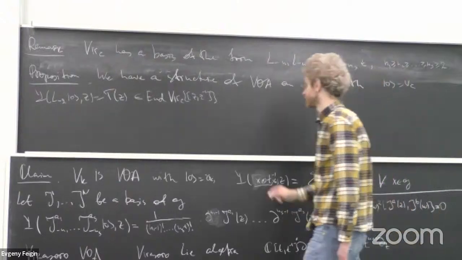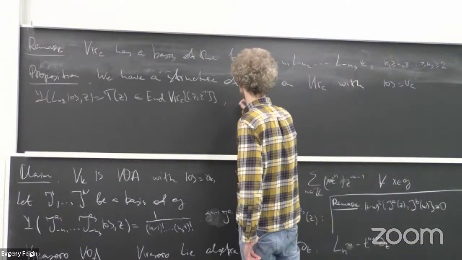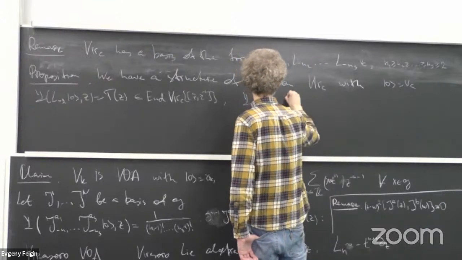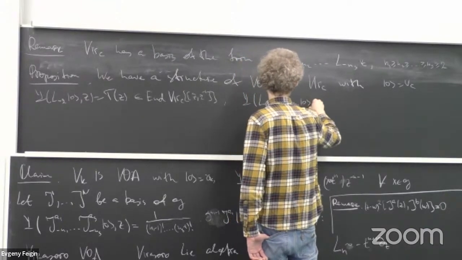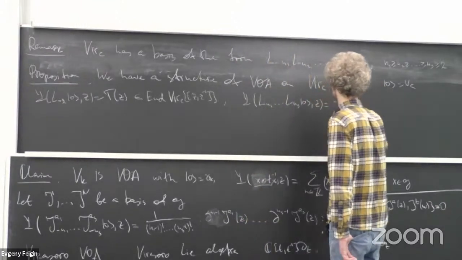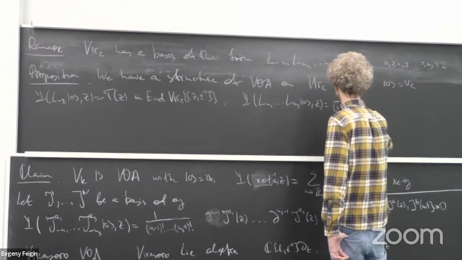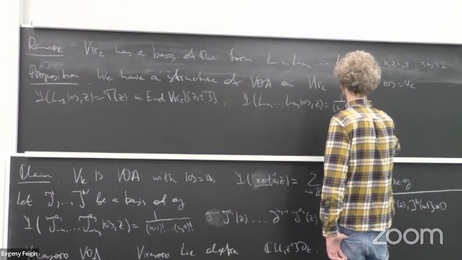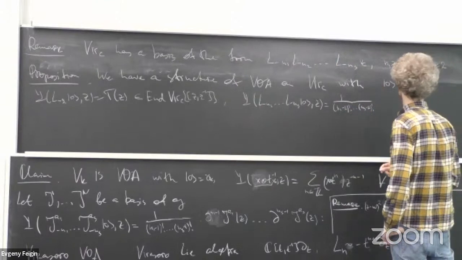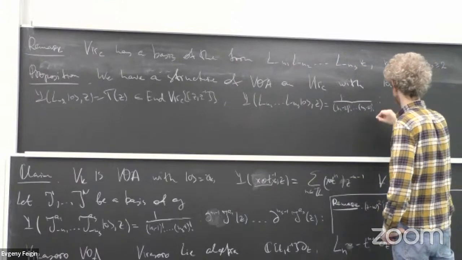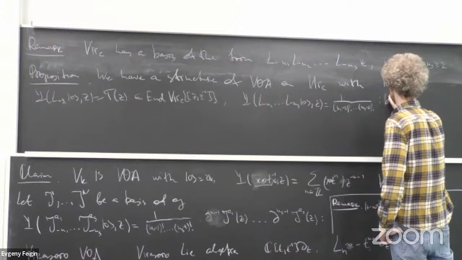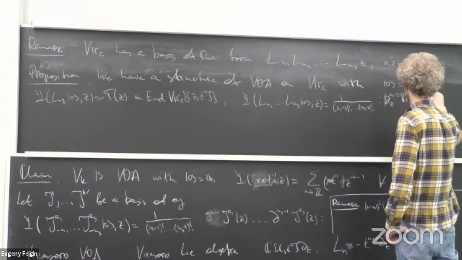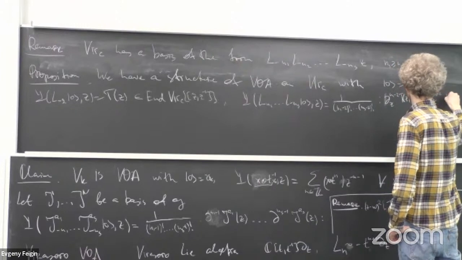And we also need the general formula, which says that Y of L minus n1 and so on, 0, Z is 1 over n1 minus 2 factorial and so on, s minus 2 factorial. Please note these two. And here we have the normal ordering of the derivatives of T of Z.